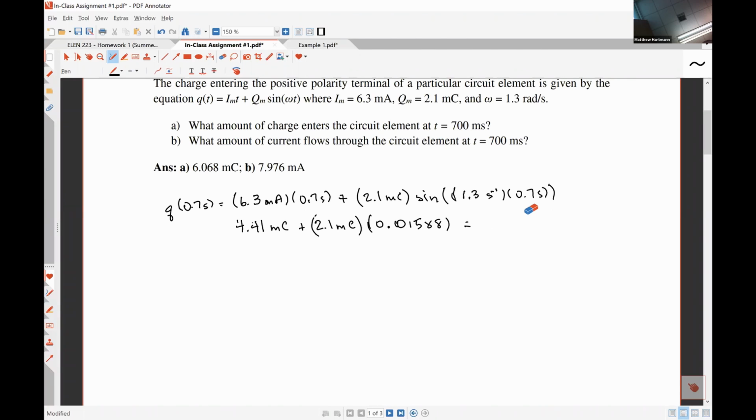So make sure that you're working in radians, at least for the next probably 2 months of this class. So that should give me then 6.068 millicoulombs. All right, so that's the answer for part A.